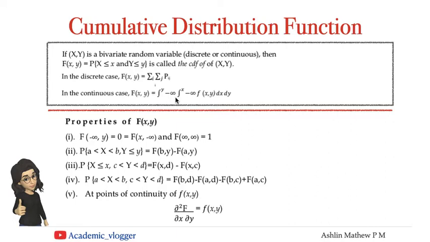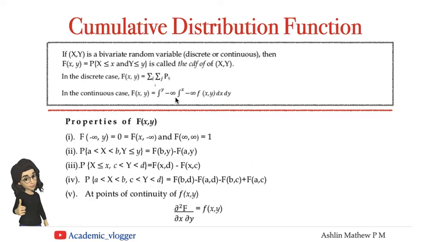So in the discrete case, these values we know as discrete points. So F(x,y) is equal to the summation over i from 1 to x and j from 1 to y of p_ij. So we are taking a cumulative sum; we are going to sum those values for F(x,y) in the discrete case.